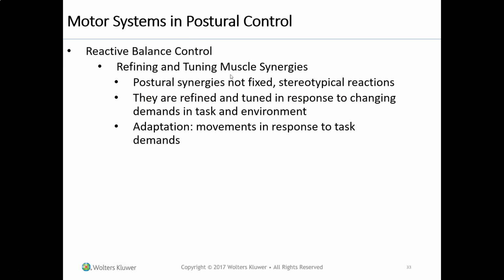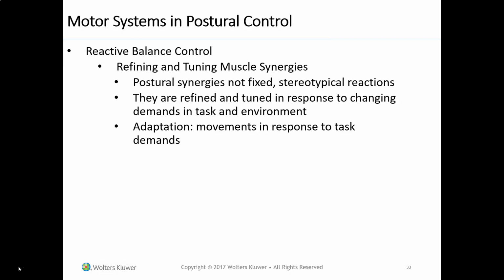Now refining and tuning muscle synergies. Postural synergies are not fixed, stereotypical reactions. They are refined and tuned in response to changing demands in the task and environment. So that's what you're doing, is tuning their synergies, and we teach them how to adapt movements in response to task demands.